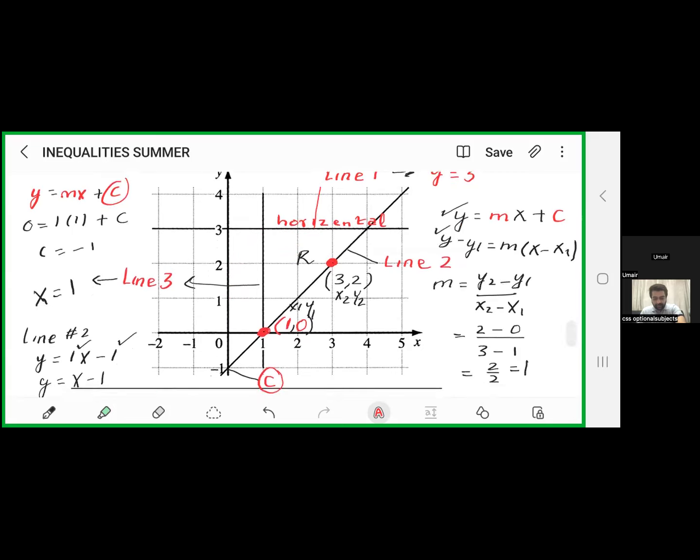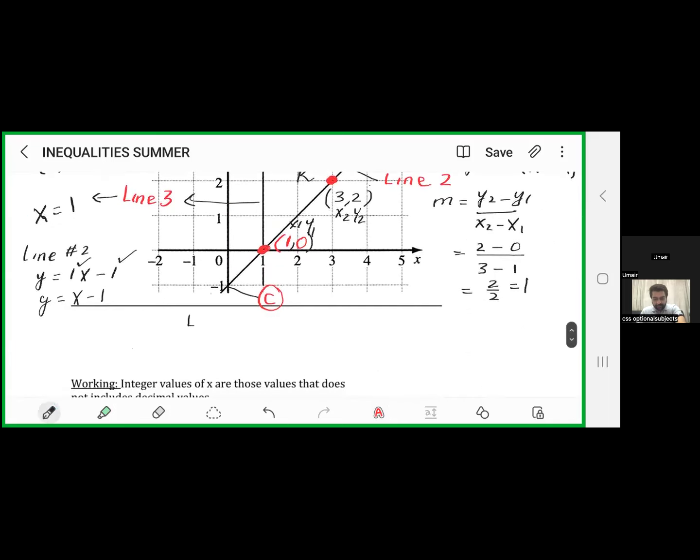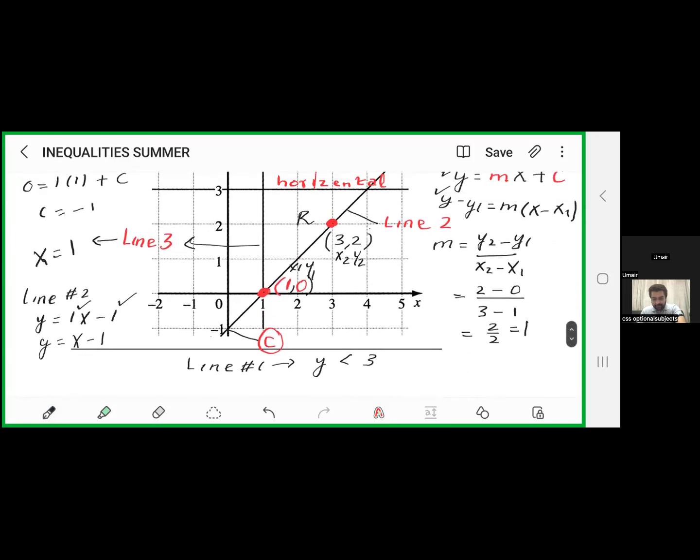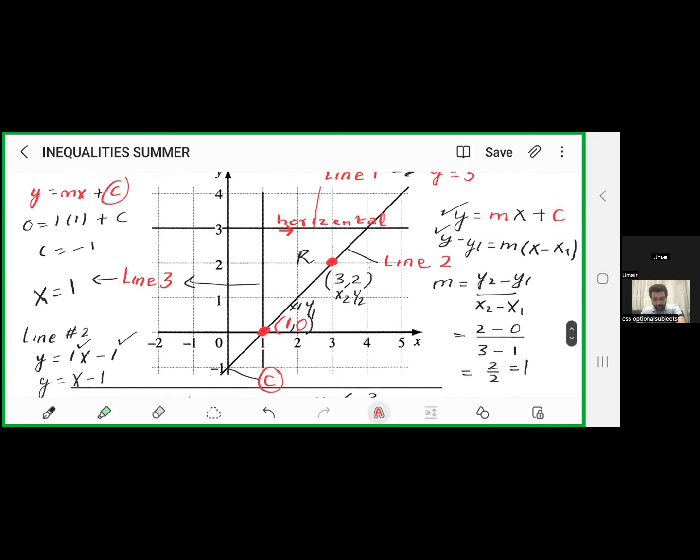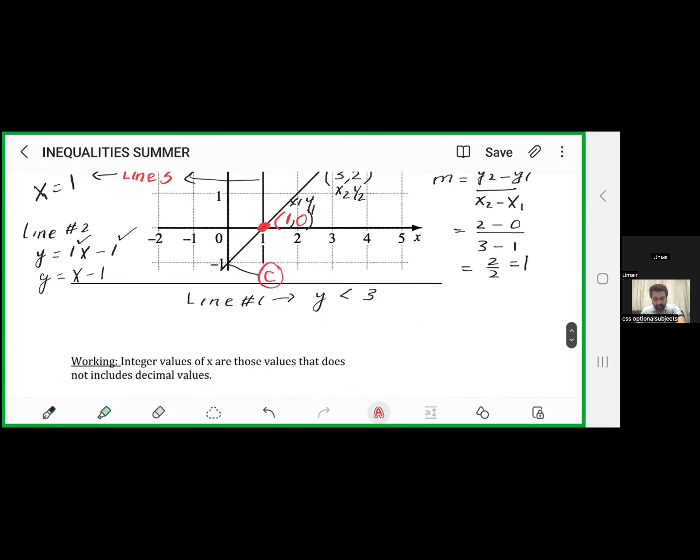So for line number 1, the inequality will be y is less than 3. The region is below this value. And if this line is a solid line, you have to write the equal to sign over here as well.